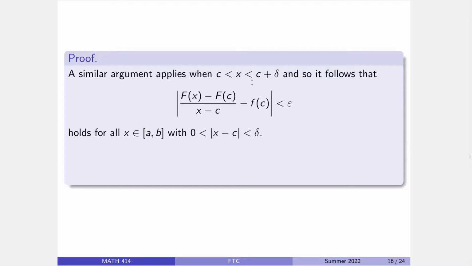So for any x that is within delta of c and not equal to c, which is either this case or the other one we just talked about, depending on whether x is strictly bigger than c or strictly less than it, this must hold. So given an epsilon, the difference quotient gets within epsilon of f of c for all x in ab that are within delta of c and not equal to it. So in other words, capital F is differentiable and its derivative is f of c.